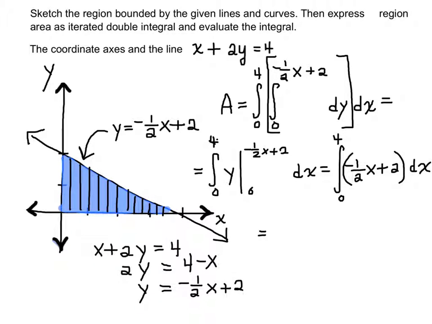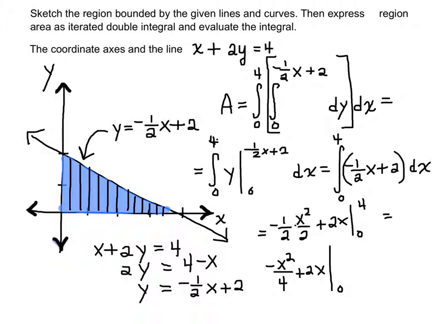That is equal to, well, the antiderivative of negative 1/2 x plus 2 is negative 1/2 x squared over 2 plus 2x, which is negative x squared over 4 plus 2x, evaluated from 0 to 4.